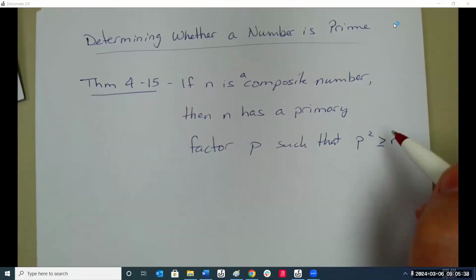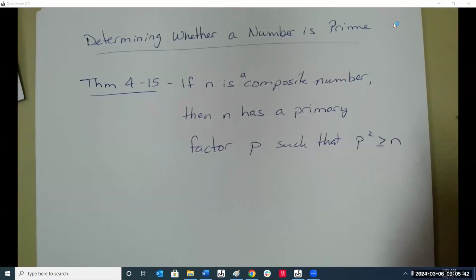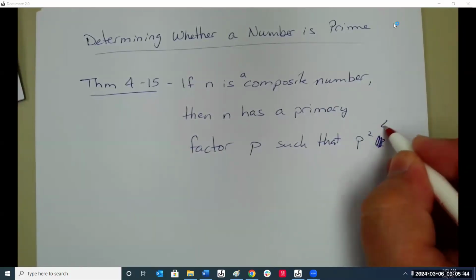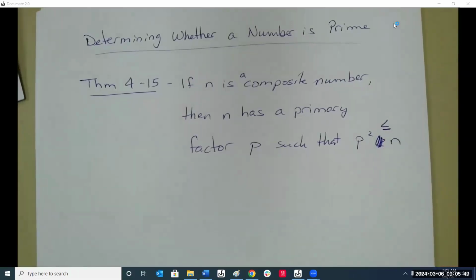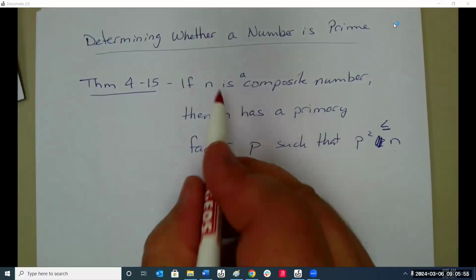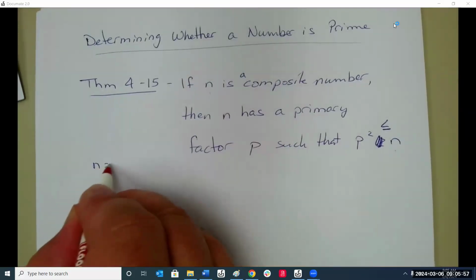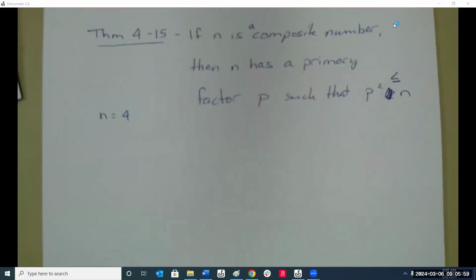Well, let me see. It can't be greater. It's going to be less than, because it has to be smaller, since n is made up of those terms. For example, n is 4. 4 is a composite number, correct?